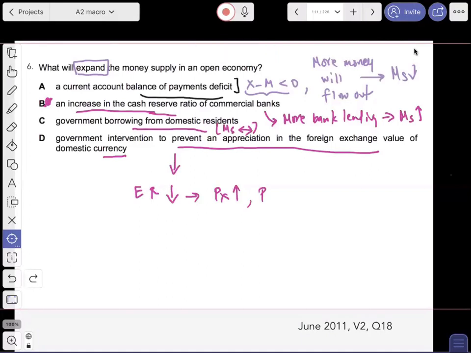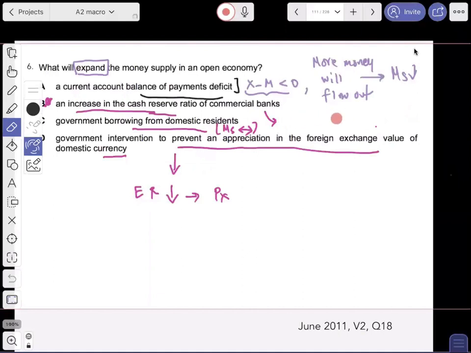Just a minute, guys. So the government is intervening to prevent an appreciation. By the way, an increase in cash reserve ratio, I have actually done it wrong. An increase in cash ratio basically means that bank lending should go down. What am I doing, guys? I'm so sorry.